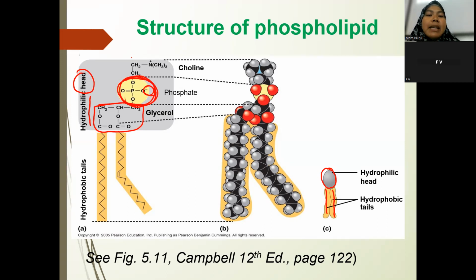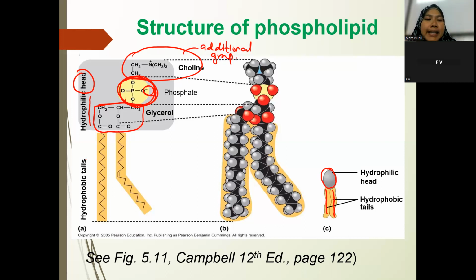And this is the additional group, choline. So, that is additional group that attached to phosphate. So, glycerol, phosphate, and additional group make up the hydrophilic head, bahagian kepala.